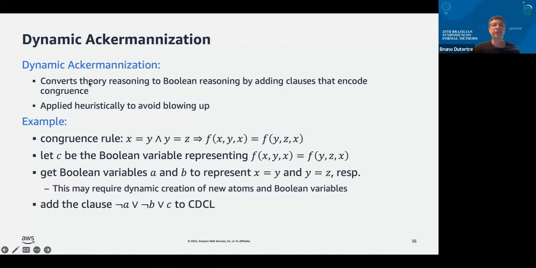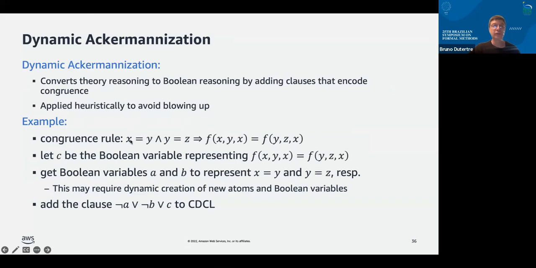Ackermannization is the idea of replacing equalities between terms by Boolean atoms. It's applied heuristically in the CDCL-T framework, because if you do this brute force, you are going to generate so many terms that you run out of memory.